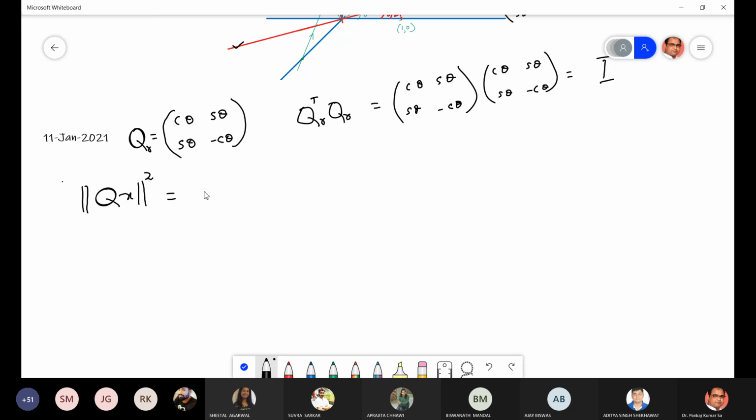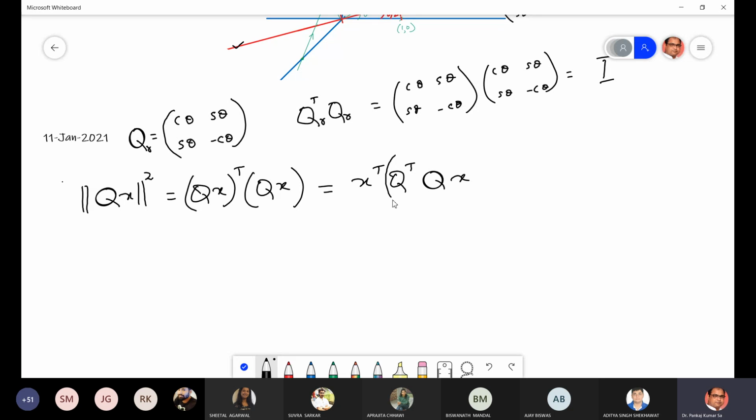This we write as the norm of QX squared, that is QX transpose times QX. And I need not say that QX transpose is equal to X transpose Q transpose, multiplied by QX.